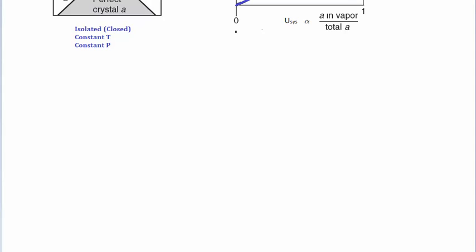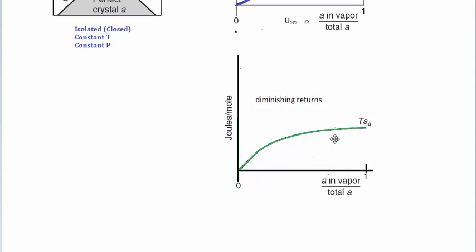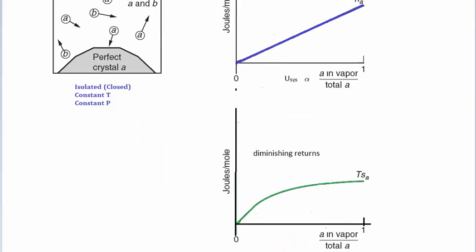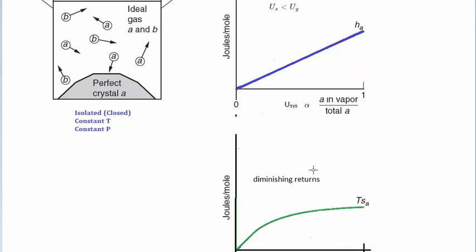Okay, how can we look at the entropy of this system? Well, what we'd expect is that it would look something like this. So again, the temperature is constant, so the only thing that's changing is you're converting your solid to a vapor, and you're saying that you'll get diminishing returns as you do this.